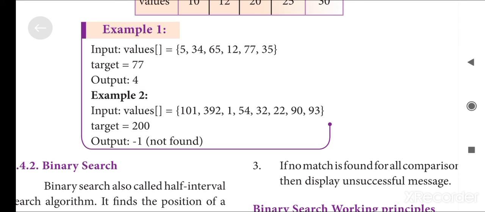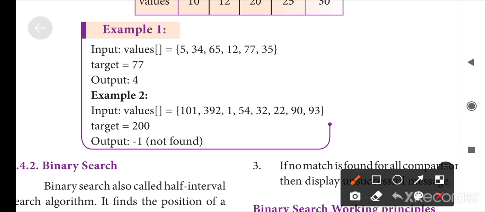Example 2. In this example the values are 101, 392, 1, 54, 32, 22, 90, 93. Here we don't need to arrange these values in ascending or descending order, because linear search is applicable to any list.